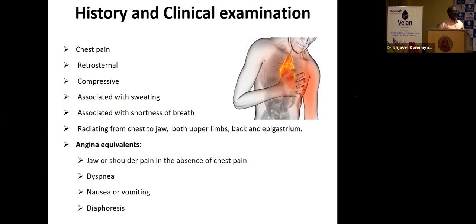Also, some angina equivalents usually occur in elderly females or diabetic patients. They won't present with typical chest pain. They will present with dyspnea, jaw pain or other non-specific pains, and also nausea, vomiting, and sometimes profuse sweating. These angina equivalents usually occur in elderly females with diabetes mellitus.